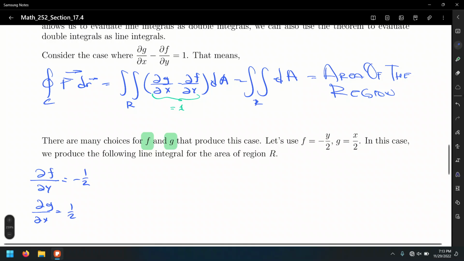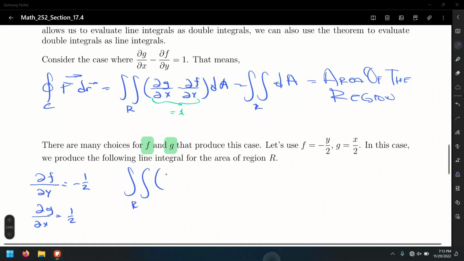And now applying the double integral, in this case we use Green's theorem. Let me use the compact notation. The double integral of the partial of g with respect to x minus the partial of f with respect to y dA equals the integral over C of F dr. So we're going to use this theorem backwards this time.